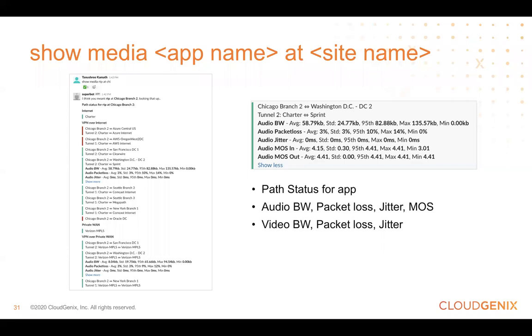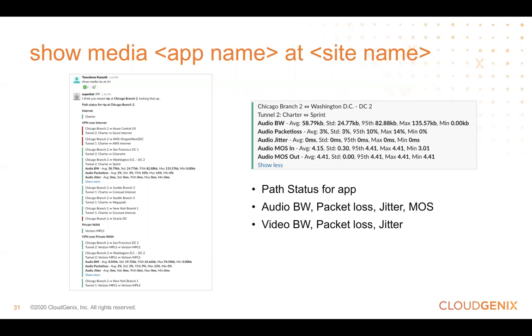For audio, you'll see bandwidth utilization, packet loss, jitter, MOS in and MOS out. For video, you get to see bandwidth utilization, packet loss, and jitter. So all of these metrics are extremely helpful for you to troubleshoot and understand what's going on in your network. And then you can take a look at this and send this information to your network admin or whoever is your support guy, and then he can debug further.